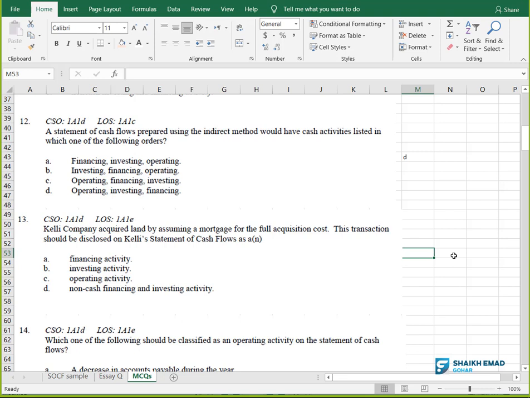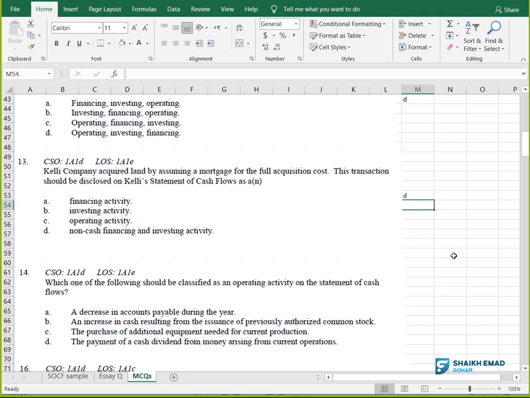When you acquire land by a mortgage, you have two different types of activities involved. There is an asset, there is a liability. You got the land plus there is a liability of mortgage. So what is the answer? Financing as well as investing. D is the answer for this.